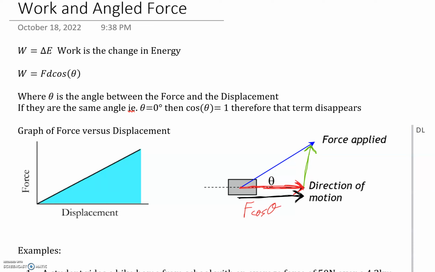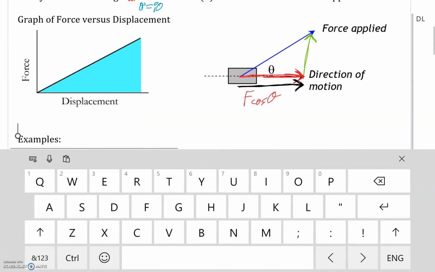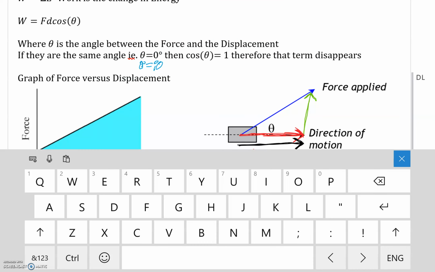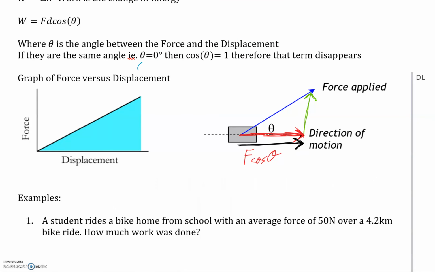Okay, and to note about that, if the angle is 0, cos theta is 1. Therefore, that term disappears. 1 times anything is still what it was before. And also, interestingly, if theta equals 90 degrees, then cos theta equals 0, and that would tell us that work equals 0.